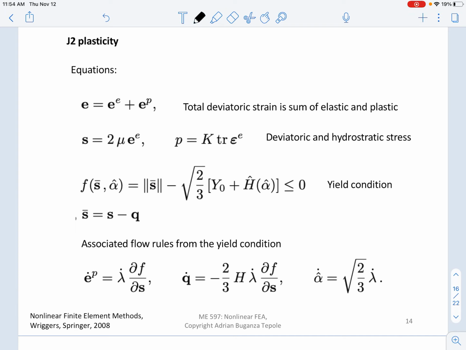And a yield condition, right, which depends on the stress, the deviatoric stress, and the back stress, and these hardening parameters. So the associative flow rules from the yield condition give you rate of change of the plastic deformation, rate of change of the back stress, rate of change of the hardening parameters, by just taking partial derivatives with respect to the corresponding variables.